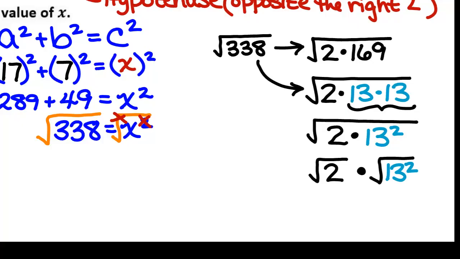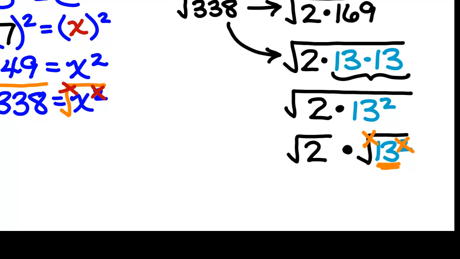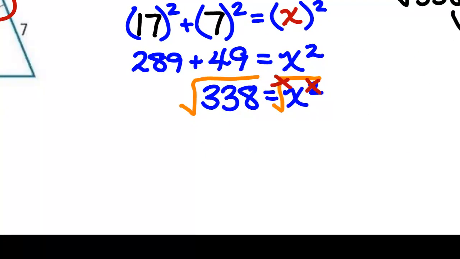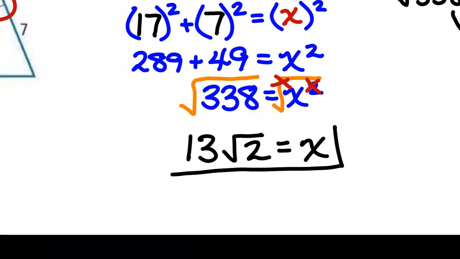And what happens when I have something that's being squared and square rooted? They canceled out. So the square and square root cancel out, but I still have the 13. Is the 2 being squared? No. So 13 can come out from underneath the radical, but the 2 has to stay underneath the radical. So 13 square root of 2 is equal to x.